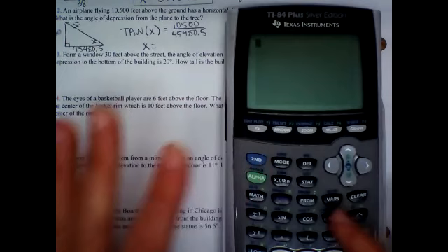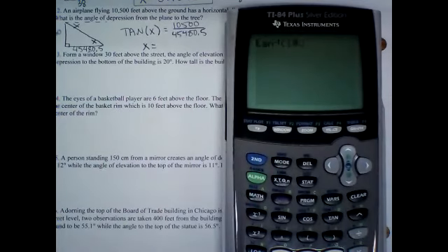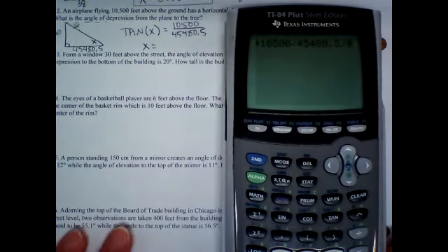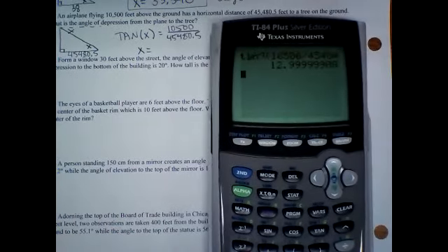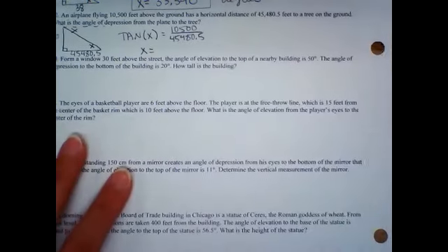So second tangent of all that mess. All right, I got 12.999999999. If you're at 12.999, that's totally fine. I know I've been harping on about 3 decimal points, but honestly, if you wanted to put 13 degrees for this one, I'm totally cool with that as well. All right, so 13 degrees.